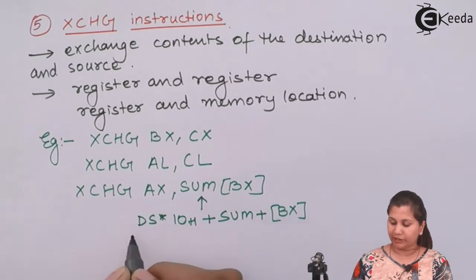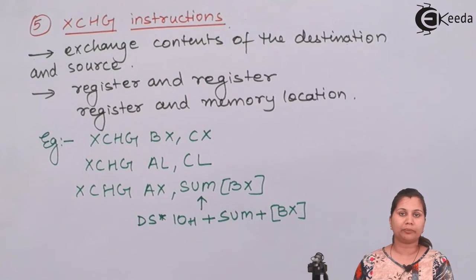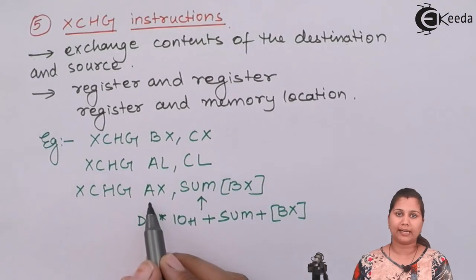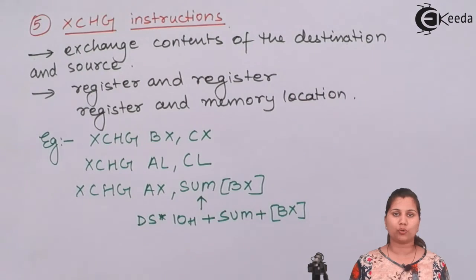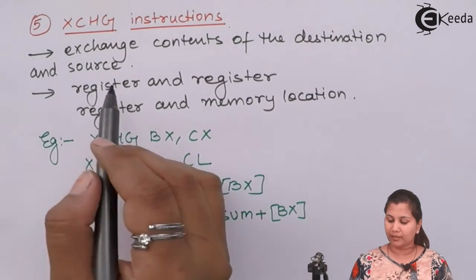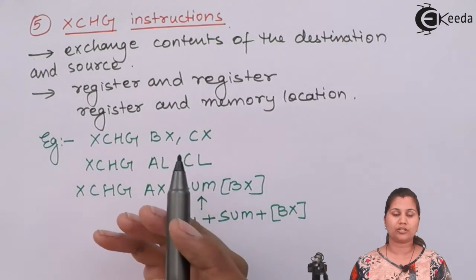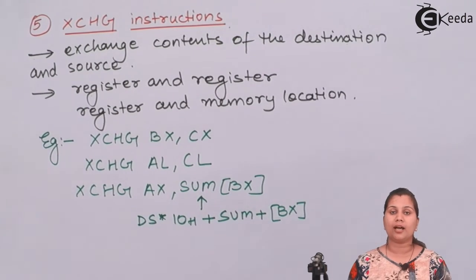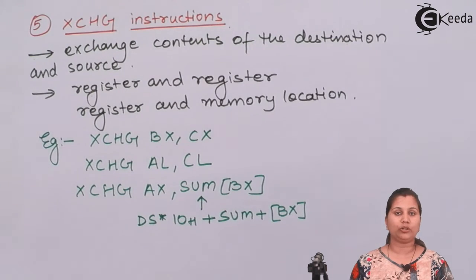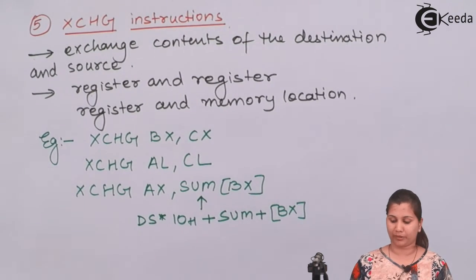So this is collectively forming the physical address of the memory location where the data is stored. So that 16-bit data will be exchanged with the AX register. Here you can see that the contents of the source and the destination are exchanged. The source can be a register or a memory location, and the destination can also be a memory location, but exchange between two memory locations cannot be done using this instruction.